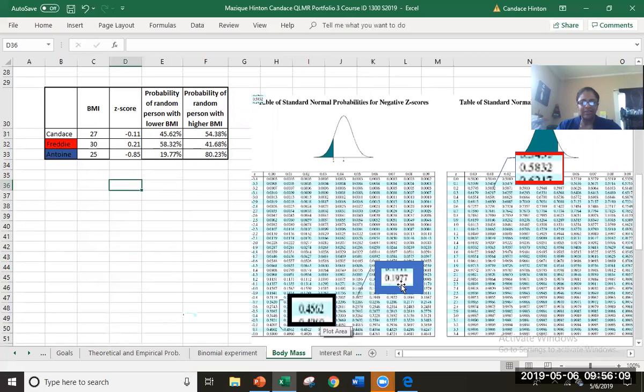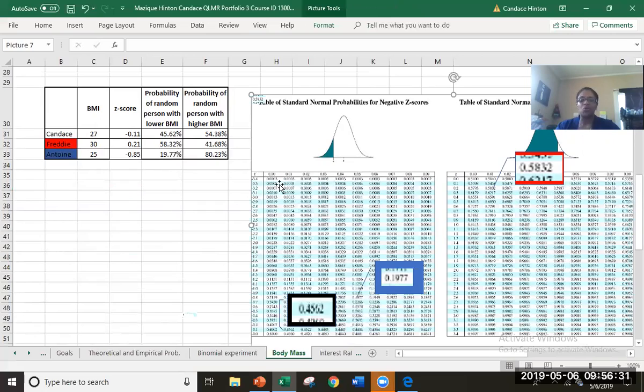My son was a negative 0.85. So here's his 0.1977, which tells us 19.77% are lower than his Z-score and 80.23% are higher than his Z-score. My husband, on the other hand, was 0.21.